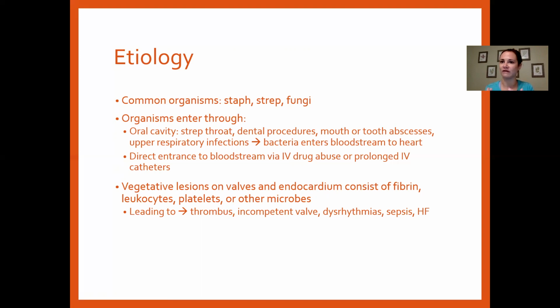That's a good, normal, expected inflammatory response. But having that much concentrated in one area causes that vegetative lesion to form, and that can lead to a thrombus or clot formation, which can easily break off of that valve and travel through the bloodstream to cause an issue elsewhere. It can also lead to an incompetent valve, a valve that doesn't work efficiently, dysrhythmias, sepsis, or heart failure.